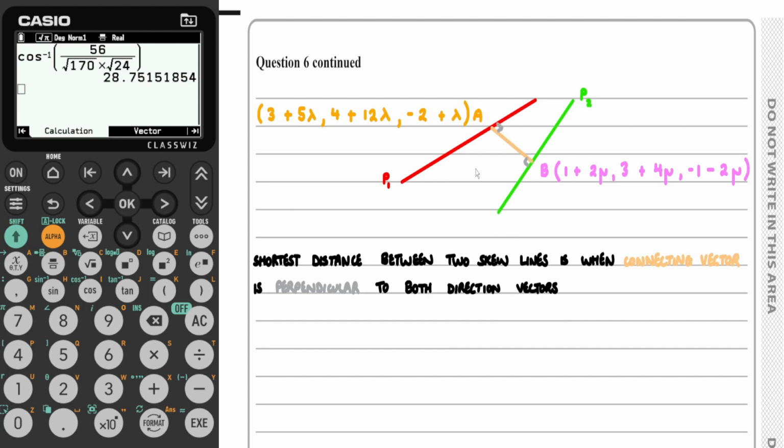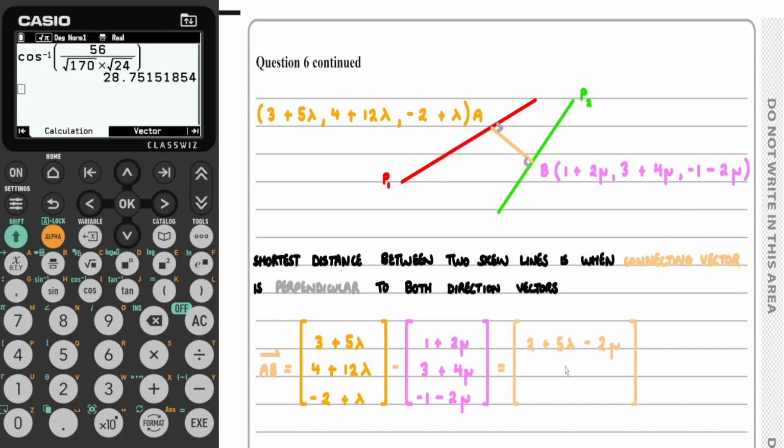So to begin with, we can find out the connecting vector AB. So we have 3 plus 5 lambda, 4 plus 12 lambda, negative 2 plus lambda, subtract 1 plus 2 mu, 3 plus 4 mu, negative 1 subtract 2 mu.